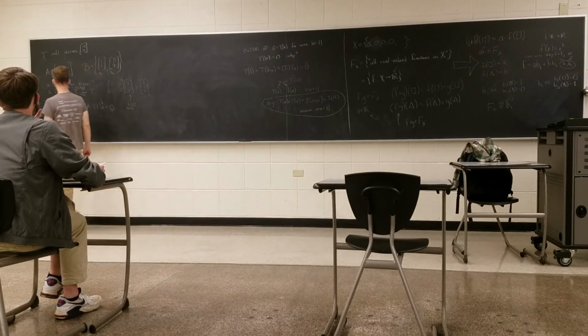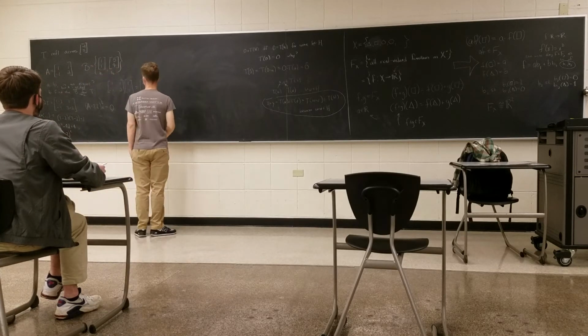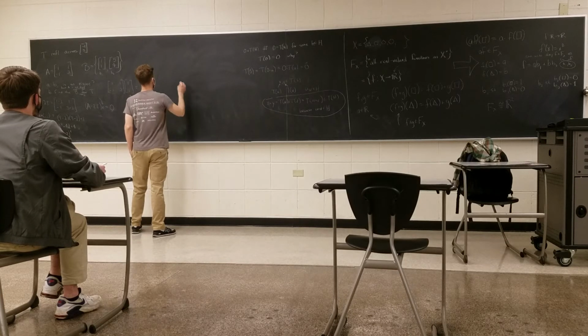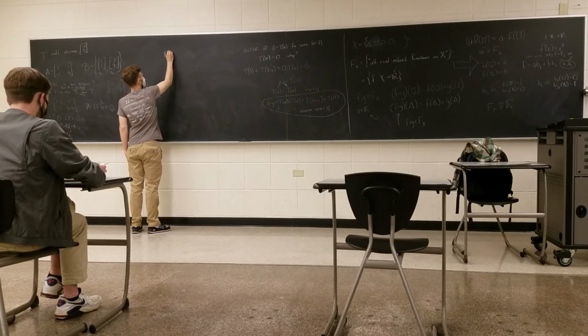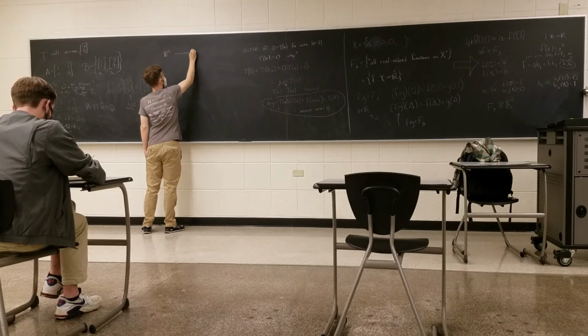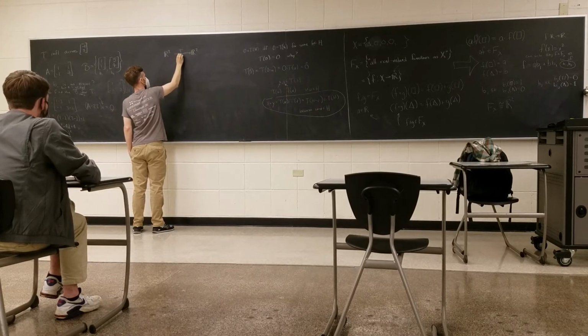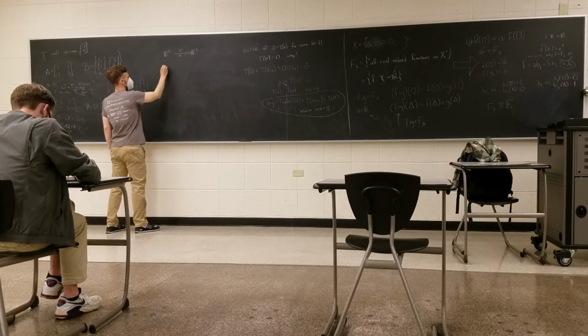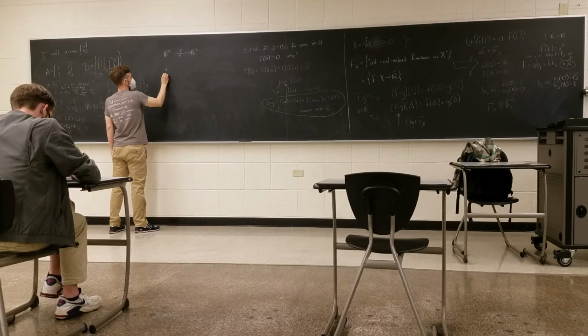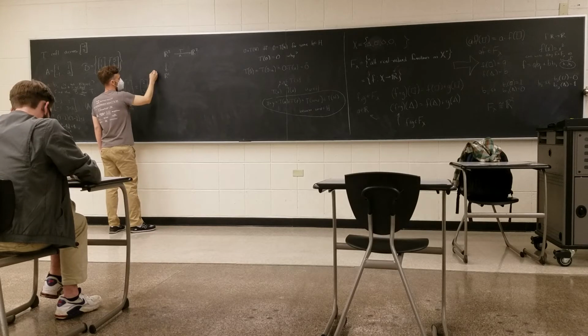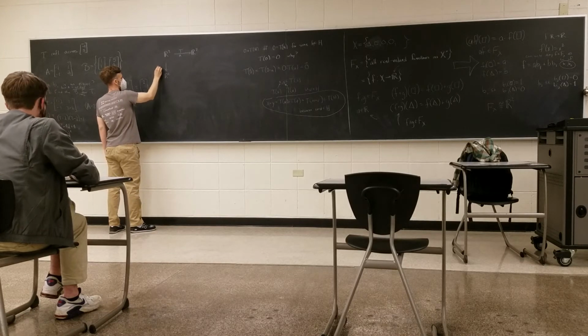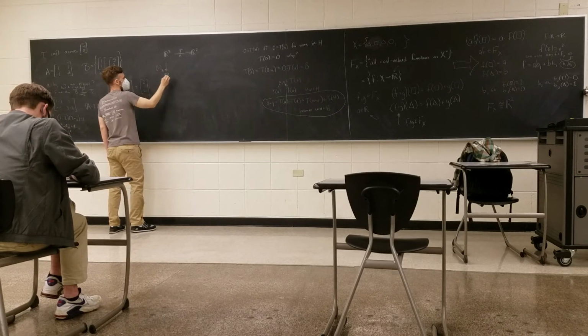So I can think of this as taking, let's see, this is R2, and this is the transformation T, which is the same as multiplying by A. And then this is in the B coordinate system.